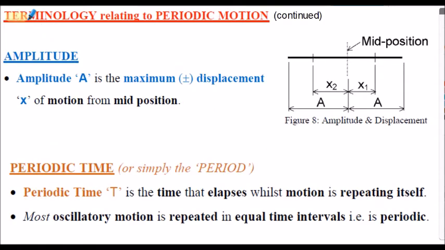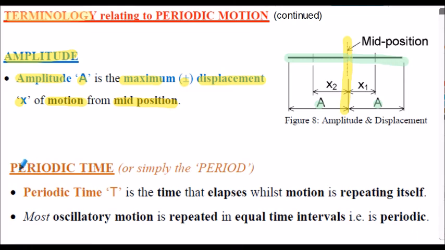Terminology continued. The amplitude, often given symbol capital A, is the maximum positive or negative displacement x of the motion from the mid or the equilibrium position. So in this case, here's our equilibrium position, and our maximum amplitude is shown as A here, either side of the equilibrium position.